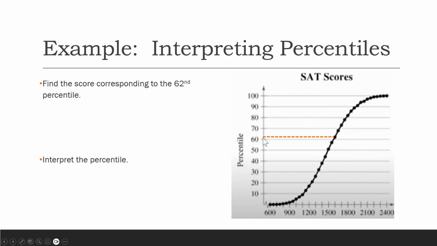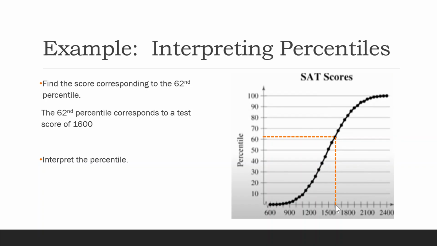And so I want to back trace that to a point on the curve here, and then back trace that to the value on my horizontal axis, which is about 1600. So the 62nd percentile corresponds to a test score of 1600.